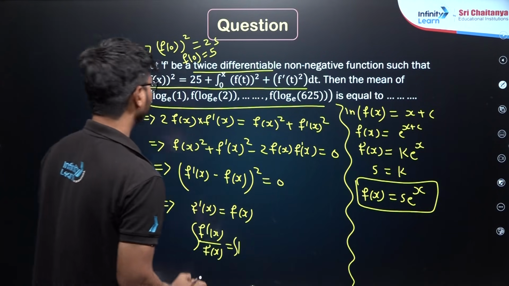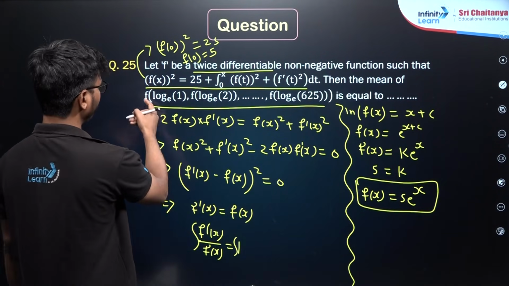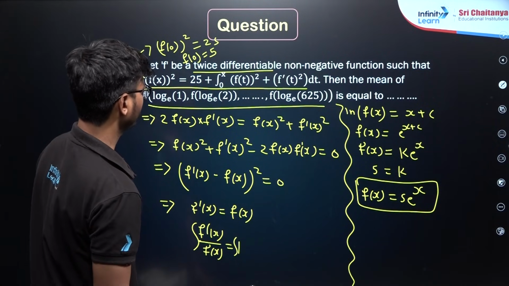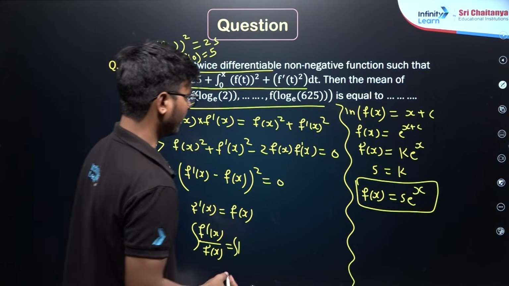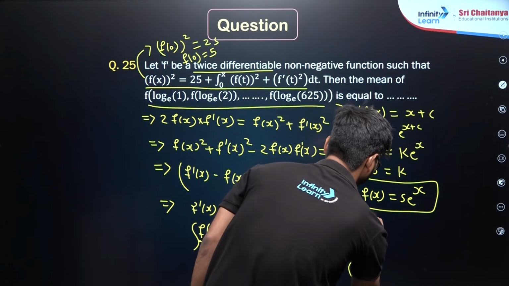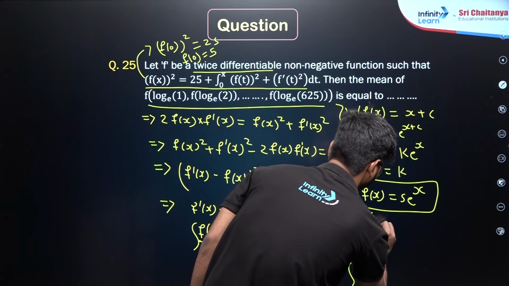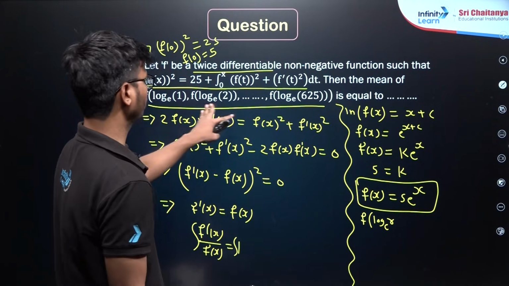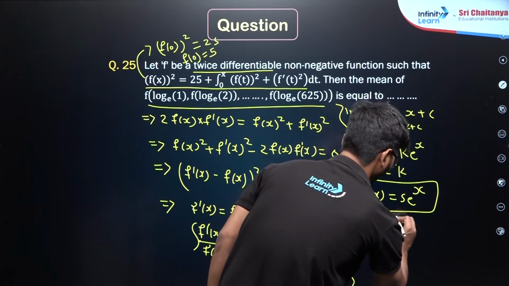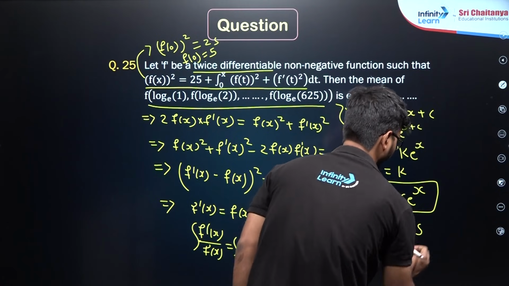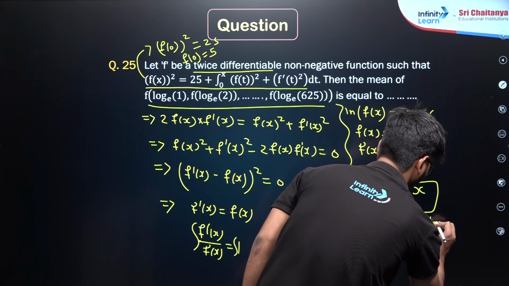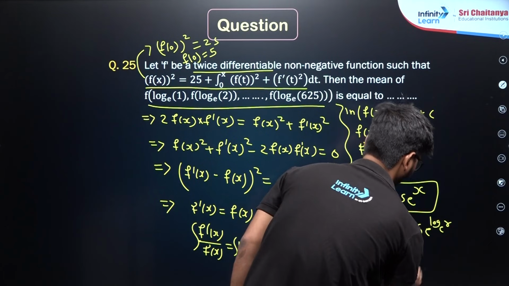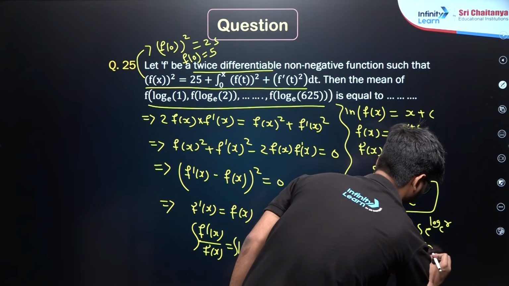Now they want the mean of f of log 1, log 2 to the base e, and so on. So if I write f of log r to the base e, where the value of r is 1, 2, 3 and so on, I am going to get 5 times e to the power log r to the base e, so we are going to get 5 times r.